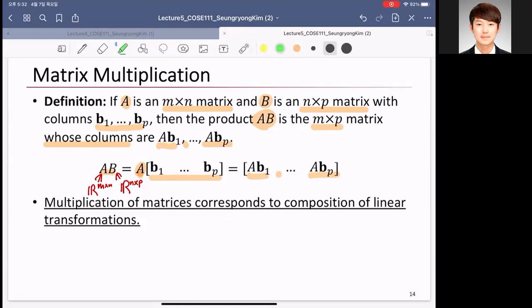So we can say that multiplication of matrices corresponds to the composition of linear transformations.